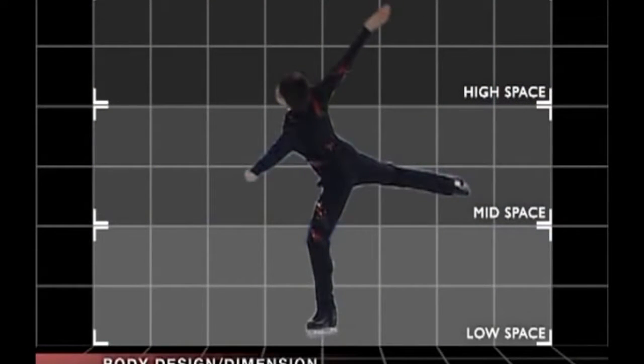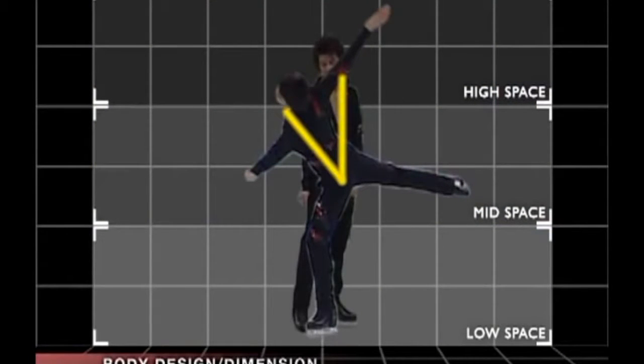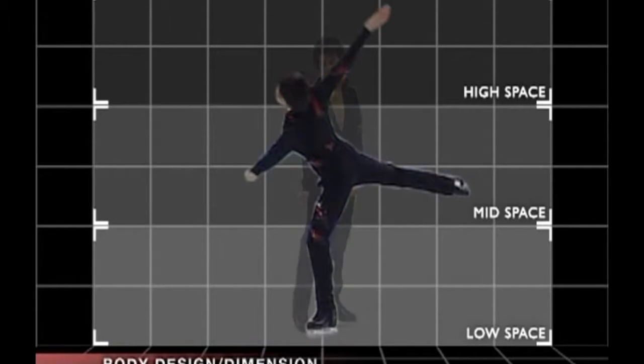Now the body core is stretched away from the basic upright position and countered by the free leg extension.